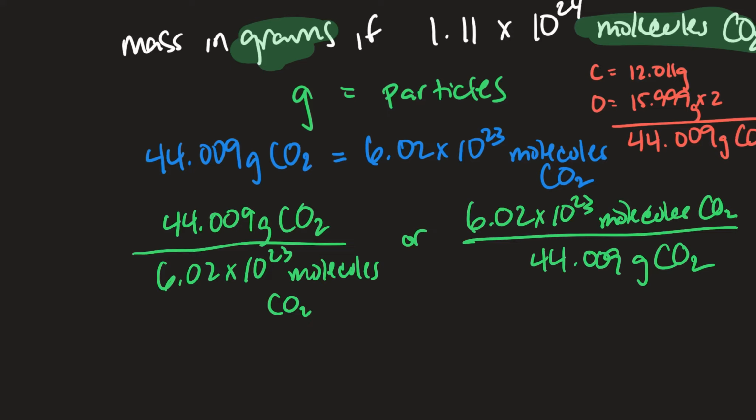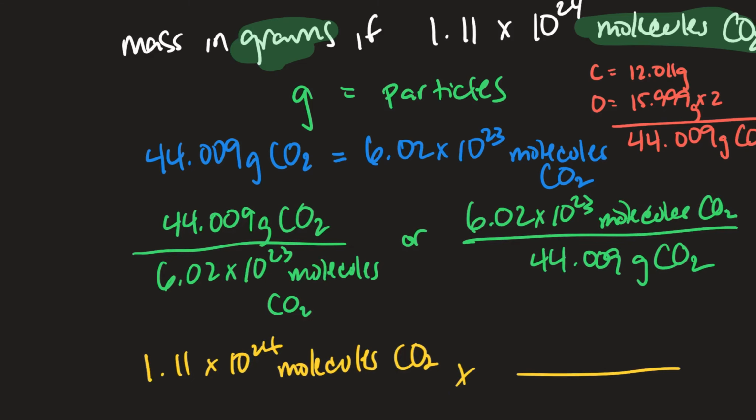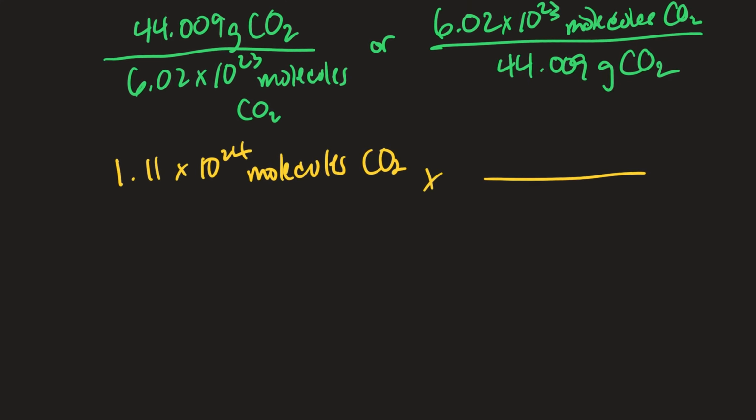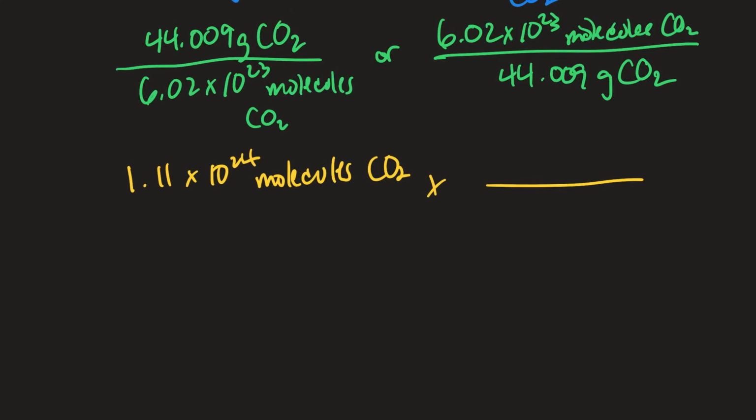Well, let's go ahead and set up our problem. The problem that we have is 1.11 times 10 to the 24 molecules of CO2. And we're trying to see which conversion we're going to use. I'm going to scroll this up so I have room. Here are the molecules of CO2.